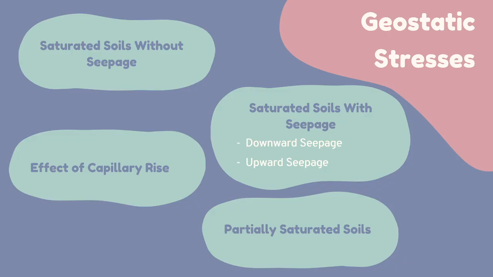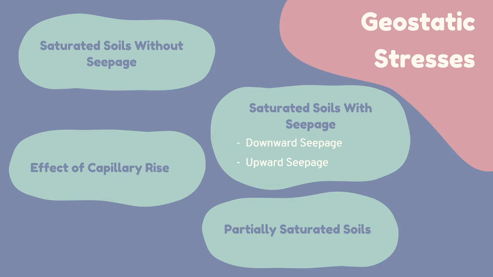So in geostatic stresses, we'll be dealing with different scenarios. First, we have the saturated soils without seepage, and then we have the saturated soils with seepage. The seepage can either be downward or upward. And we also have the effect of capillary rise. I bet you guys are familiar with capillary rise because you are already done with fluid mechanics.